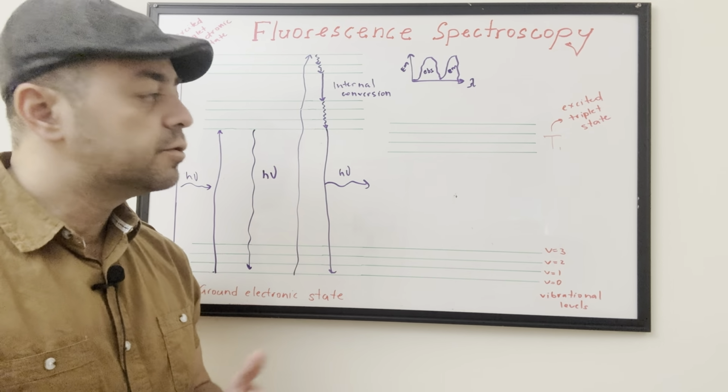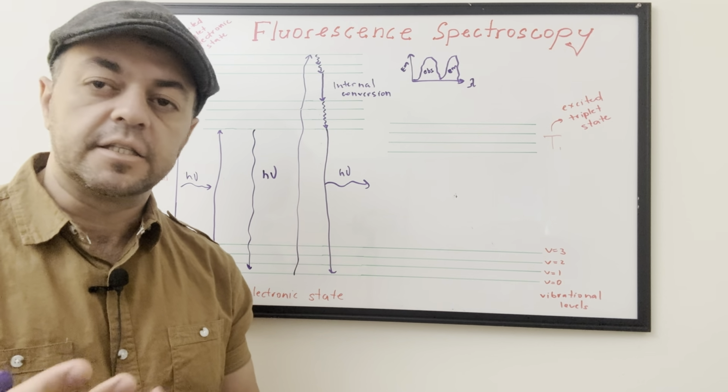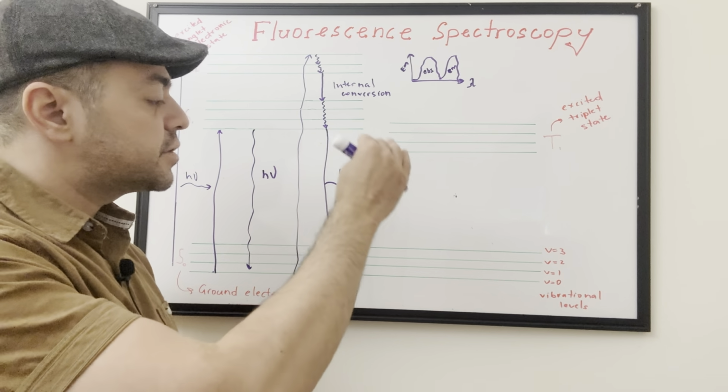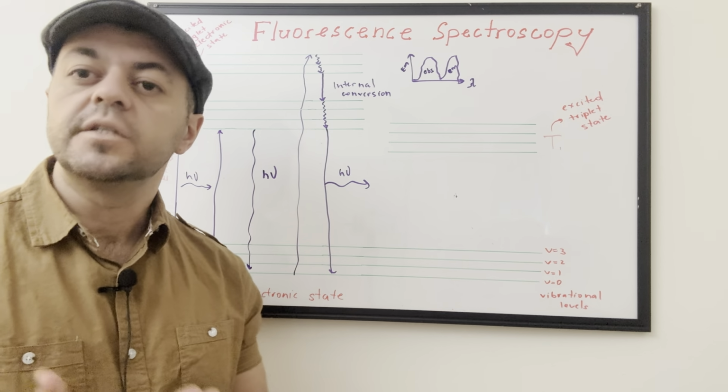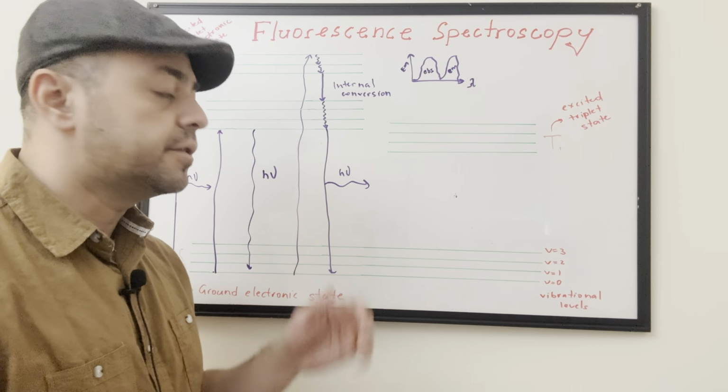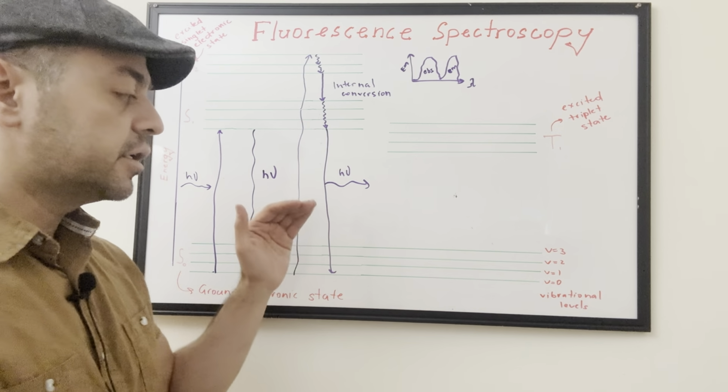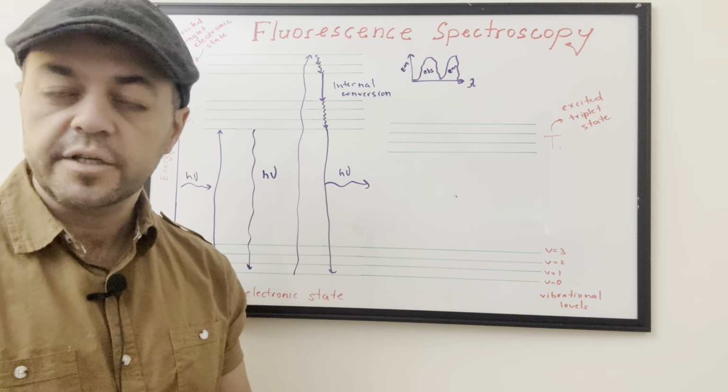There is one more path that the electron can take to go from S1 to S0, and I'm going to explain what that path is and how it's different from regular fluorescence.